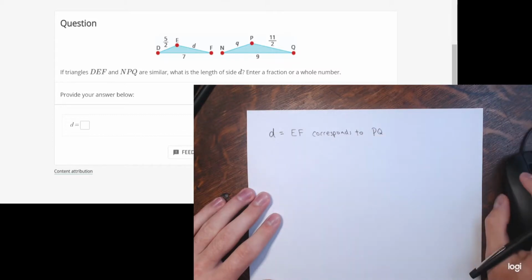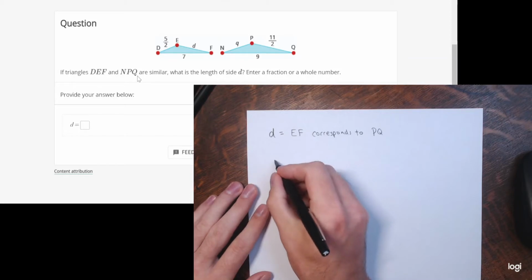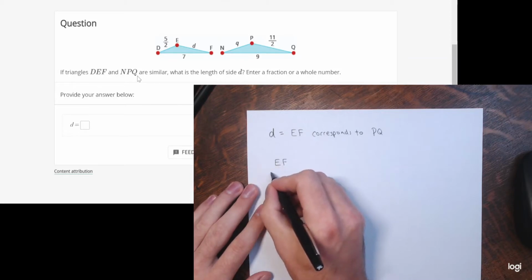Because EF is the second and third letter of DEF, and PQ is the second and third letter of MPQ. So I'm going to do EF over PQ.